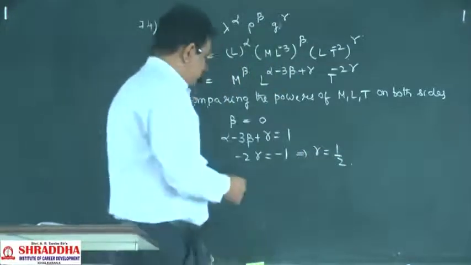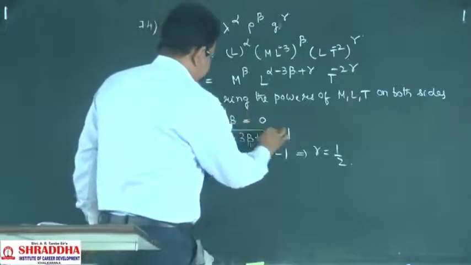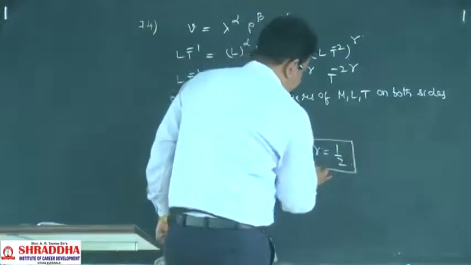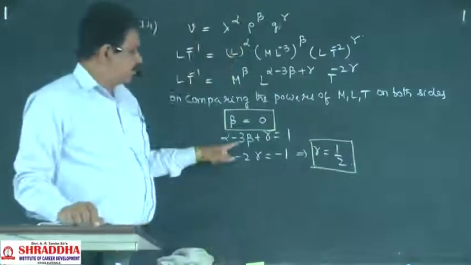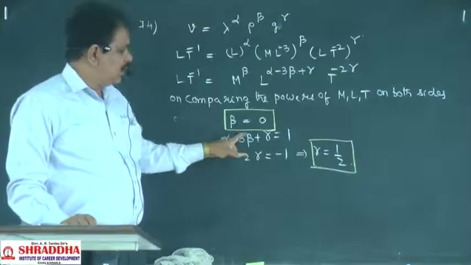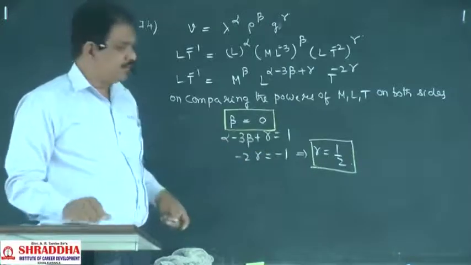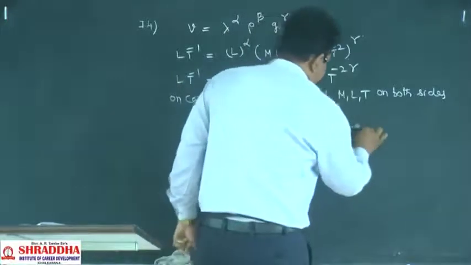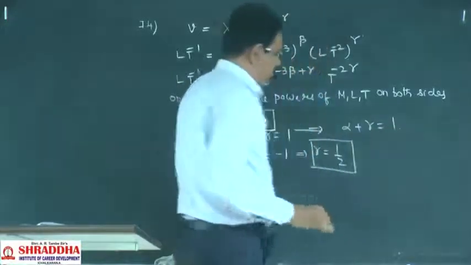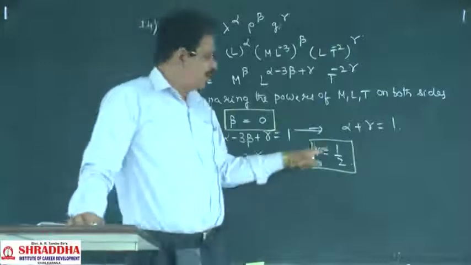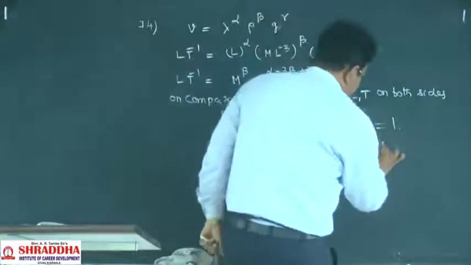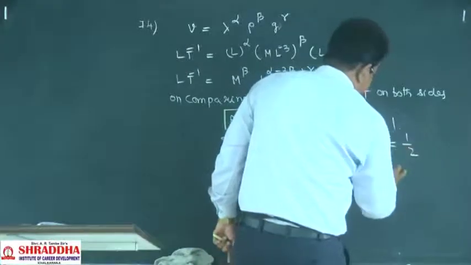Beta we already got 0, gamma 1 by 2. So, with beta 0, alpha plus gamma is equal to 1. Gamma is 1 by 2, so alpha will be 1 by 2.